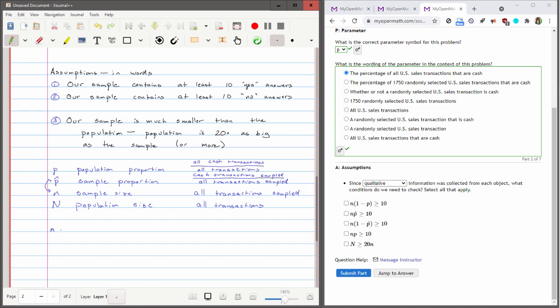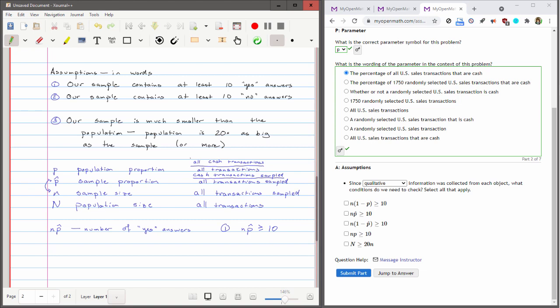So if we take the sample size times p hat, that gives us the number of yes answers. So that means condition 1 can be written as n times p hat is greater than or equal to 10.